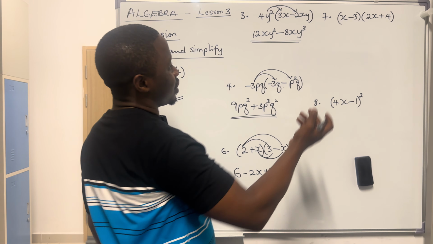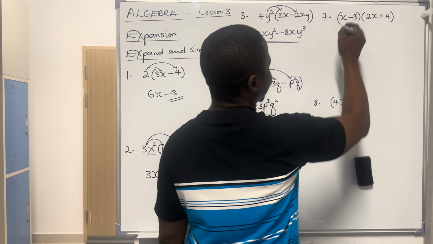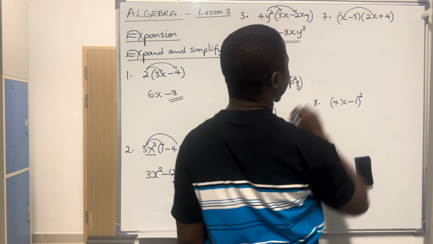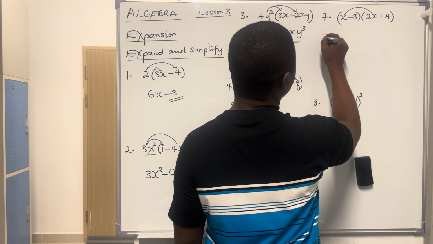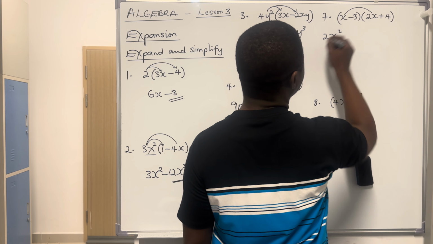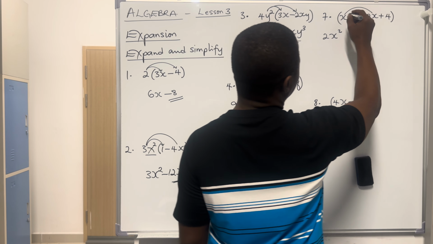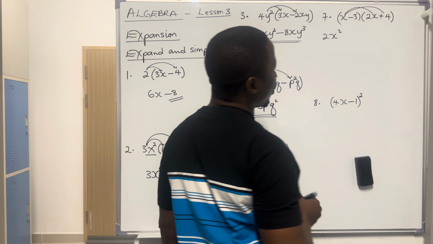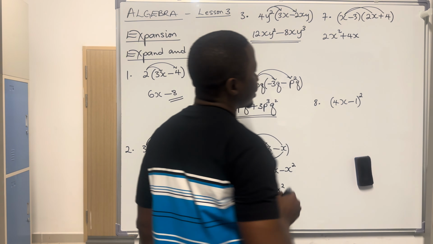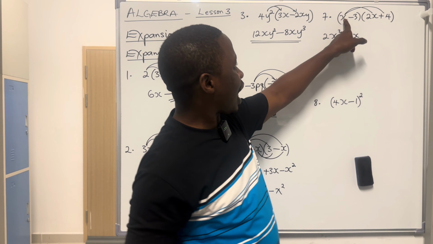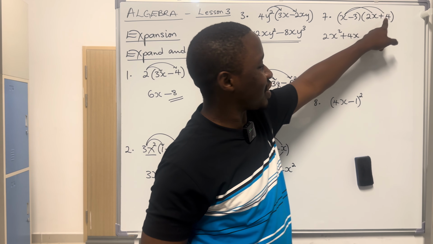Okay. So likewise here, x times 2x, we have 2x squared. X times 4, we have 4x. So we have applied the x to multiply every term here.